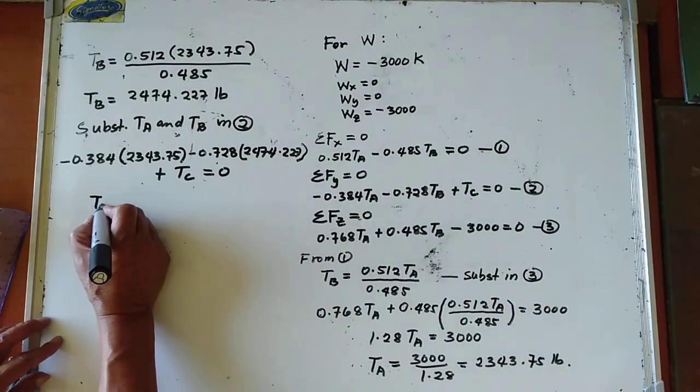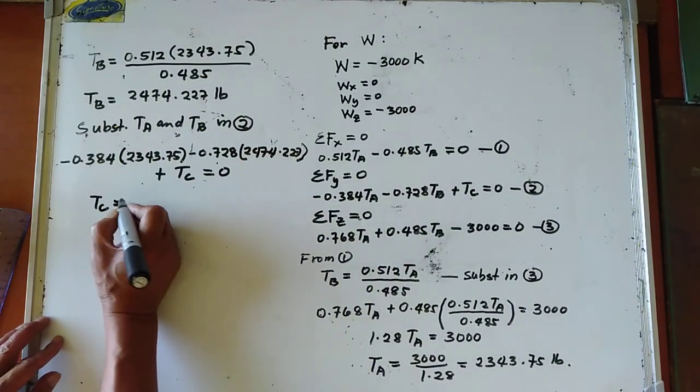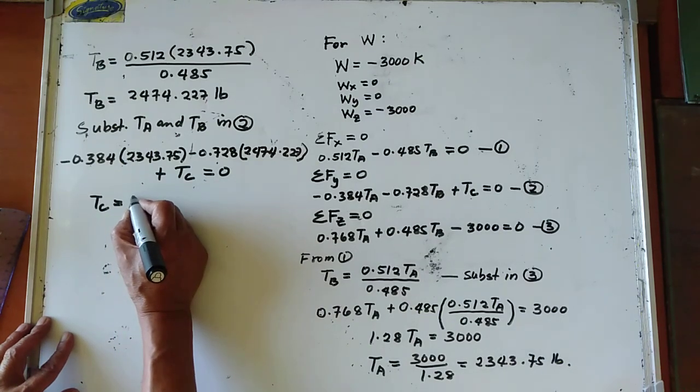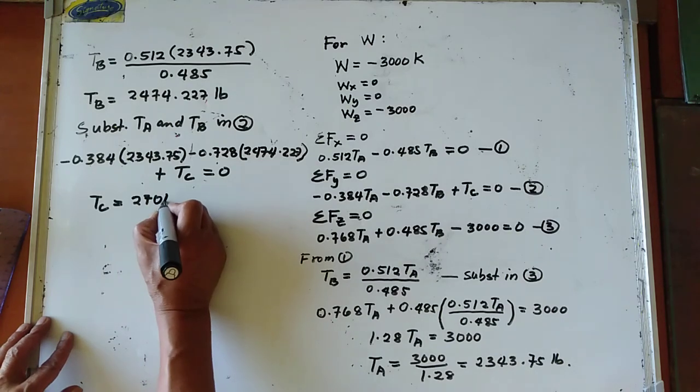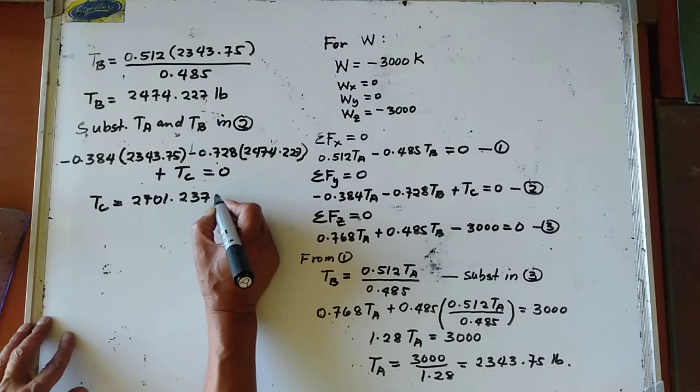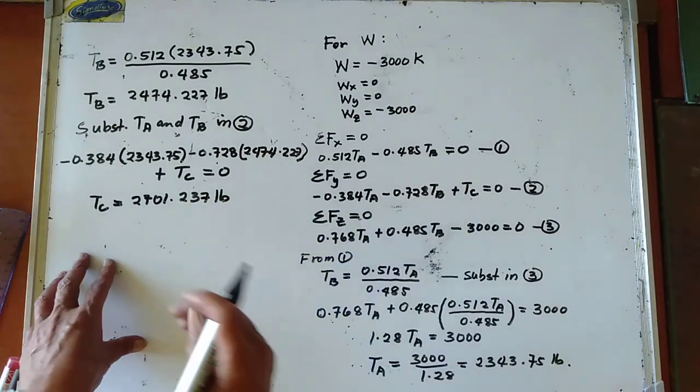Hence, the tension in cable C is equal to 2701.237 pounds.